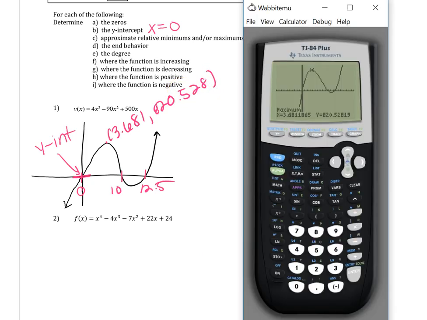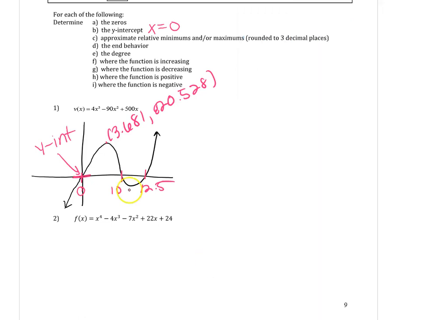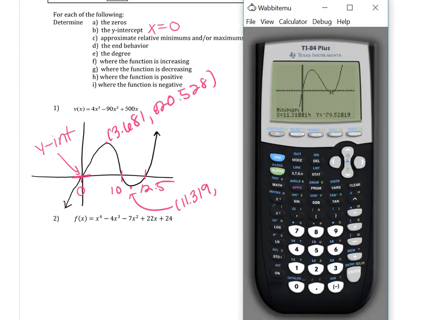Okay, and we'll do the exact same thing for the minimum. So second trace minimum, which is option 3. I will get to the left of the min, get to the right of the min. So you'll see that I'm pinching in on that minimum value, and I'm getting 11.319 and negative 70.528.